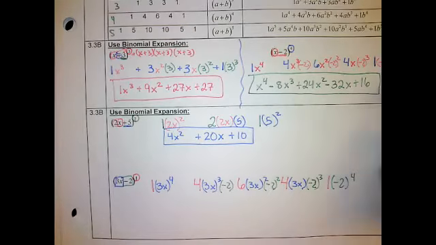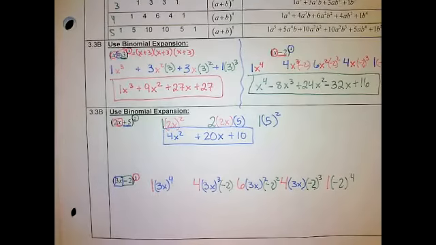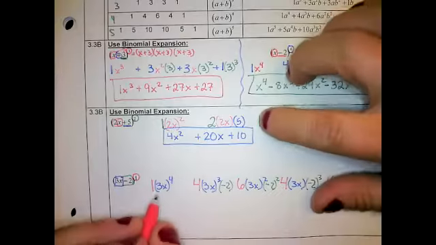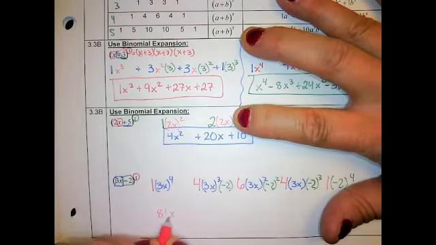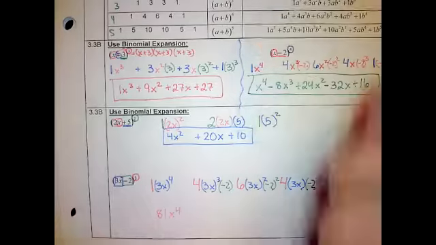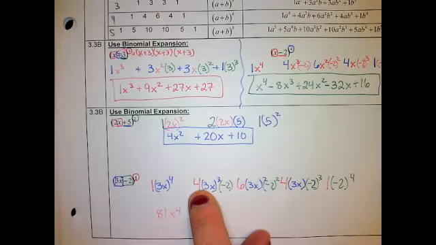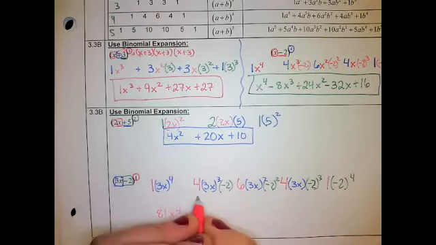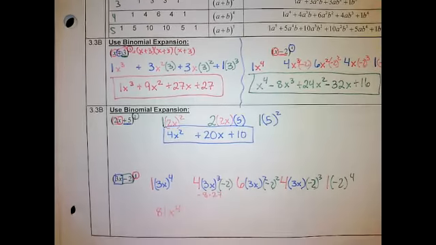Okay, so now we're going to go on ahead and do the math here. So 3 to the 4th power is 81. So that's going to be 81x to the 4th power. Now I have 4 times -2 is -8, and 3 to the 3rd power is 27.